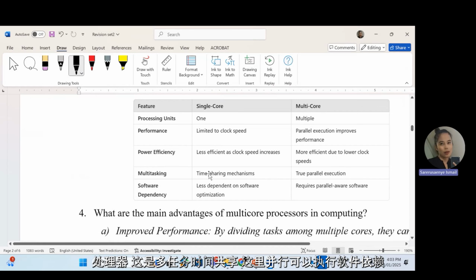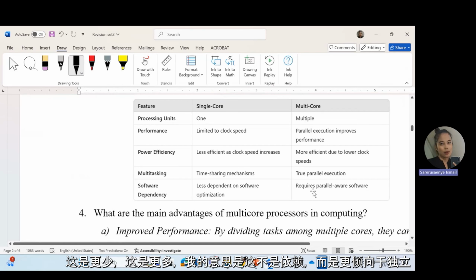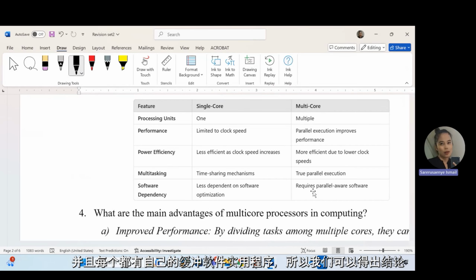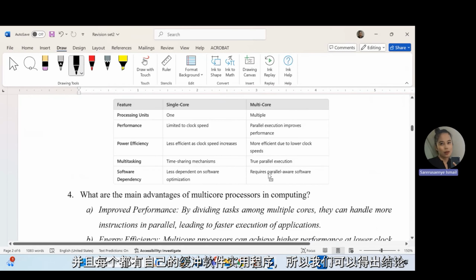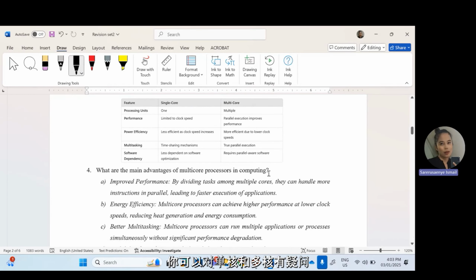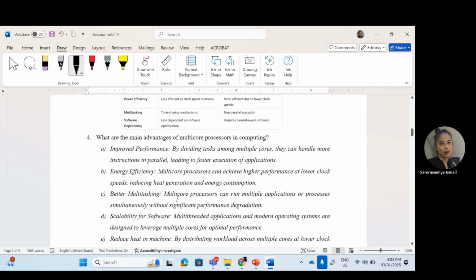This is multitasking by time sharing, here parallel execution can be done. Software dependency, this is less, this is more. I mean, this is not dependent, it is more towards independent, and each has its own software utilities. So we can conclude this. You can have a question about single core and multi-core, if I'm not mistaken, in Part A.